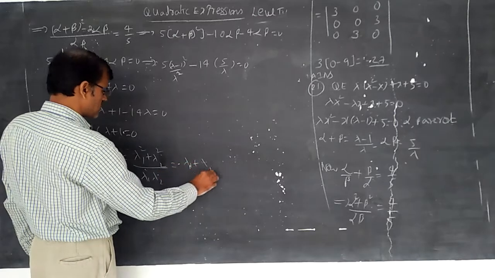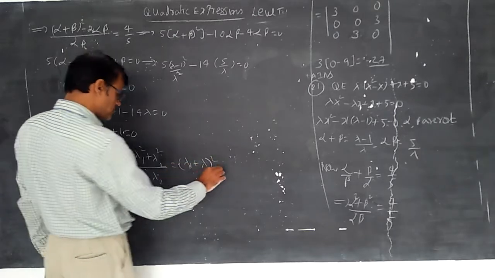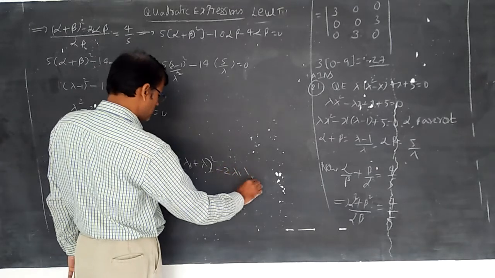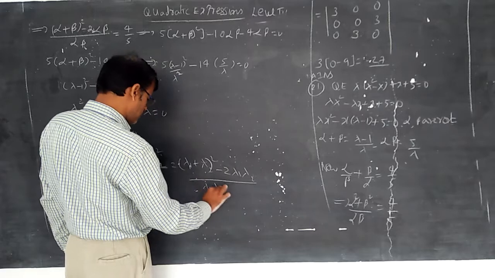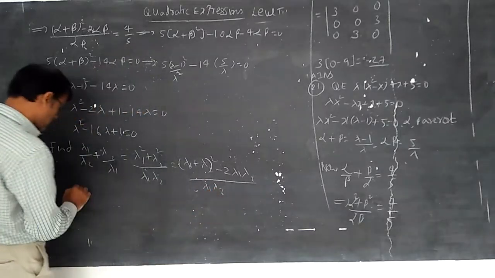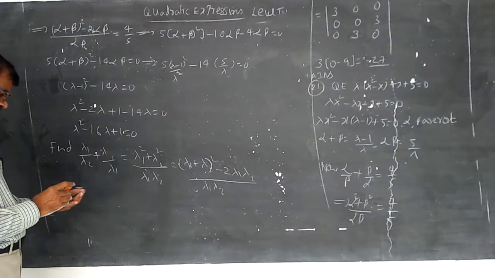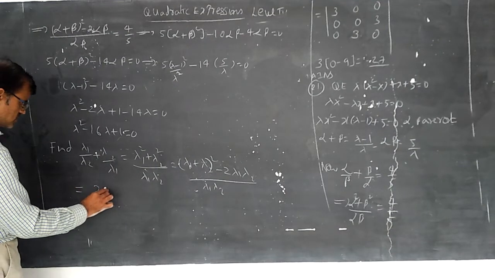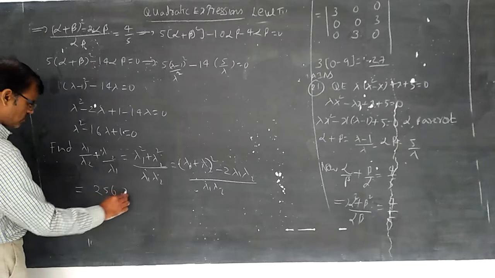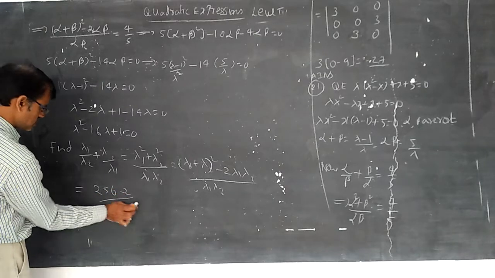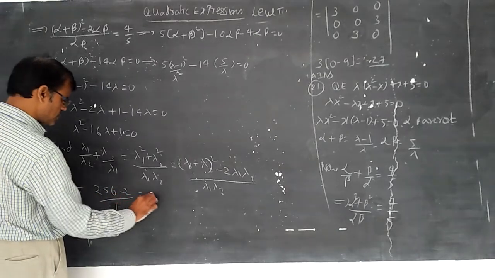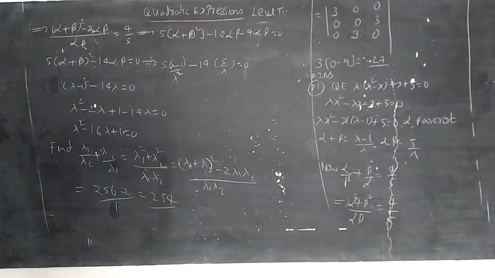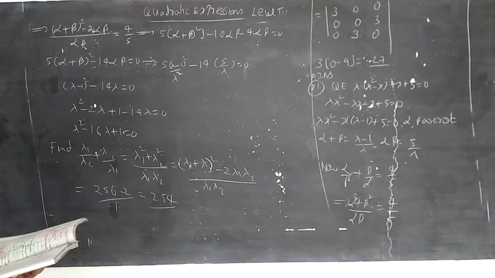This we can write as lambda 1 plus lambda 2 whole square minus 2 lambda 1 lambda 2, by lambda 1 lambda 2. Lambda 1 plus lambda 2 is the sum, which is 16, whole square. It is 256 minus 2, no, it is 1. So 254 is the answer. Good. 254. Third option.